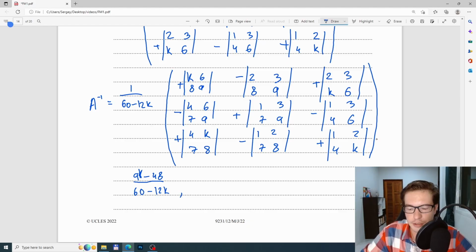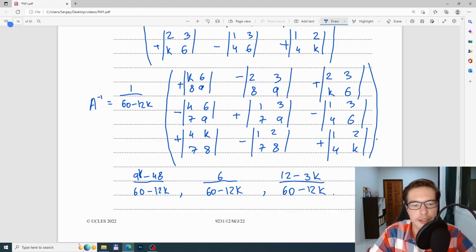Next, I will get 6 over 60 minus 12k. And finally, that is 12 minus 3k over 60 minus 12k. Okay, that's it. That will be the answer.